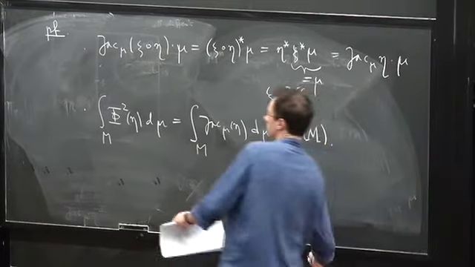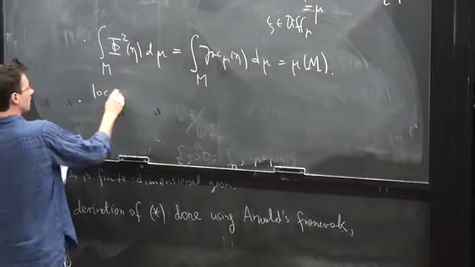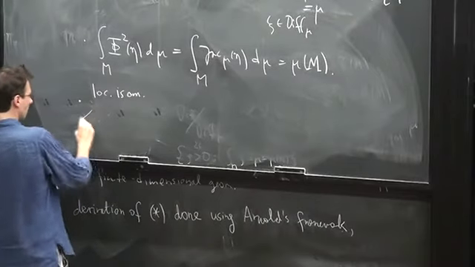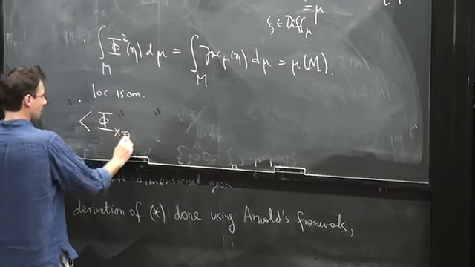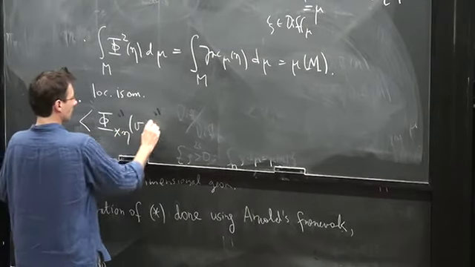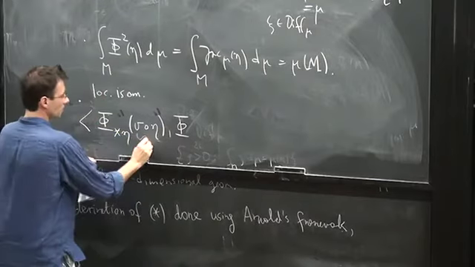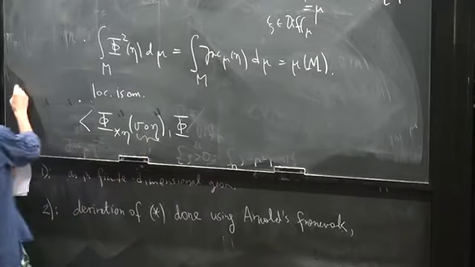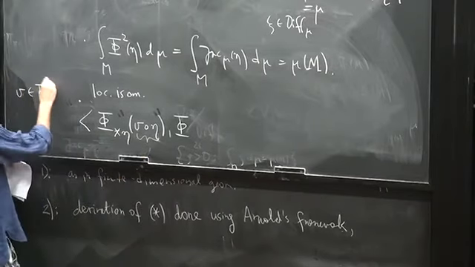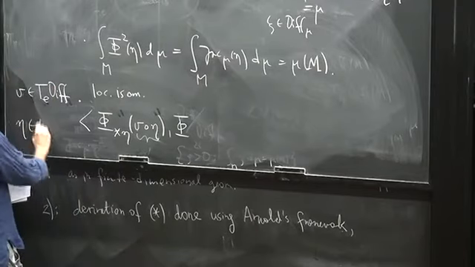For local isometry, this is the calculation. One has to compute φ star at η, and for example I'll evaluate it at v composed with η. This is an element of the tangent space upstairs, where v is an element of the tangent space at the identity, and η is a diffeomorphism.